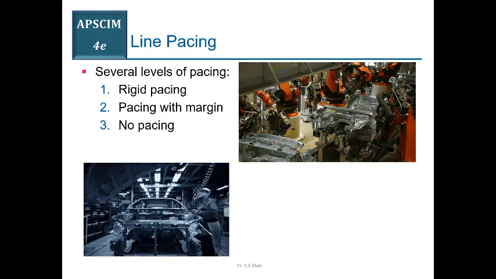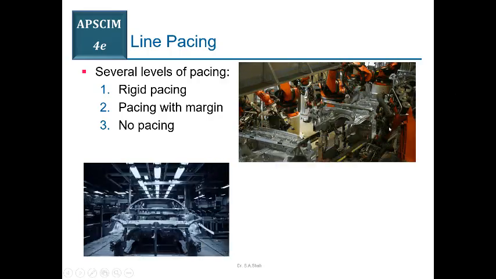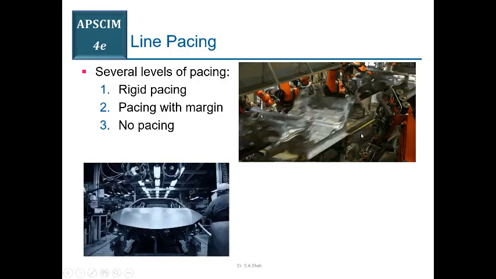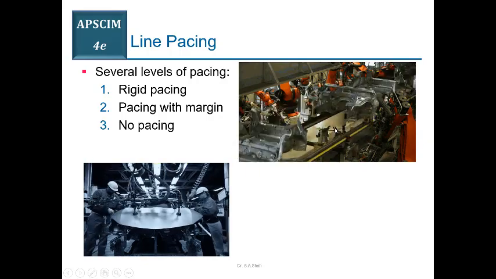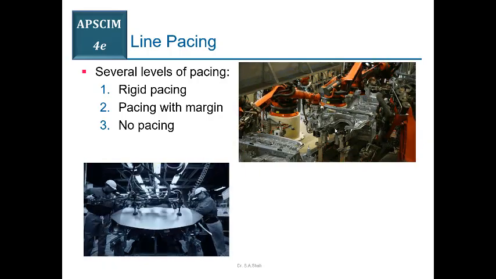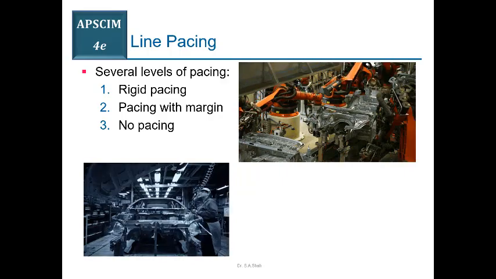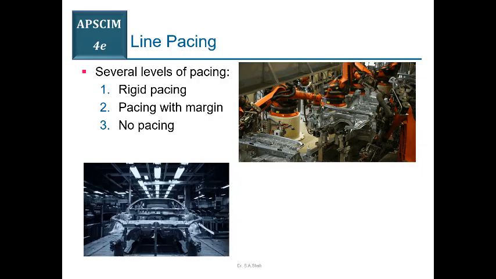That is rigid pacing. The worker will stand in his designated area, the workpiece will come into that area, it will stay in that particular workstation, and that stay will be the cycle time.